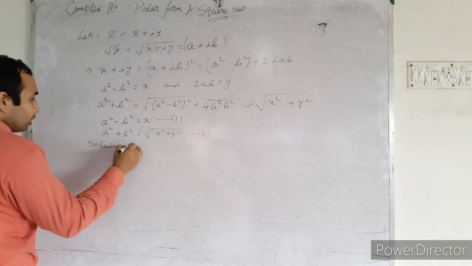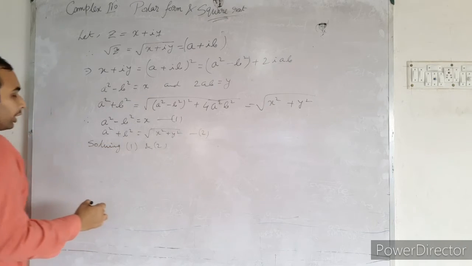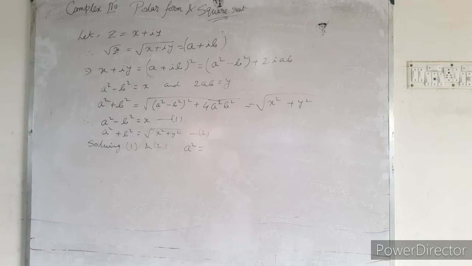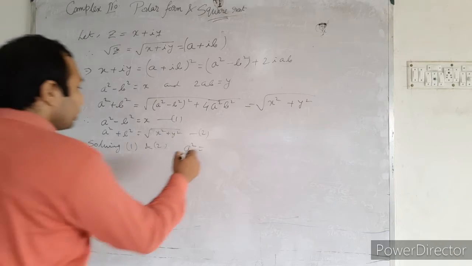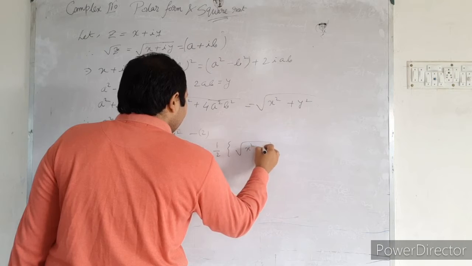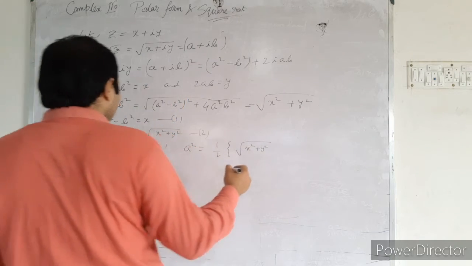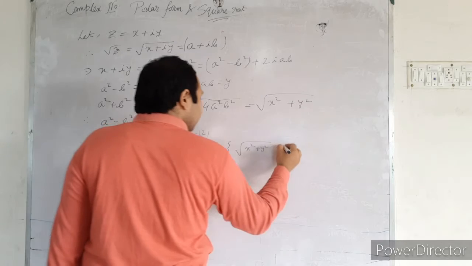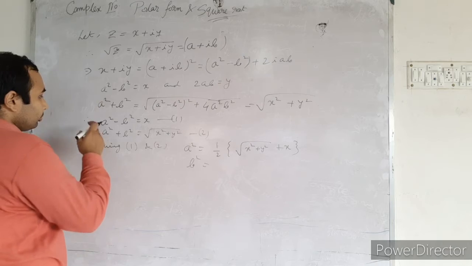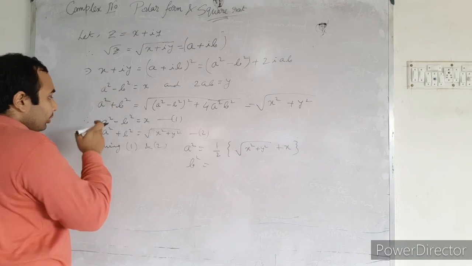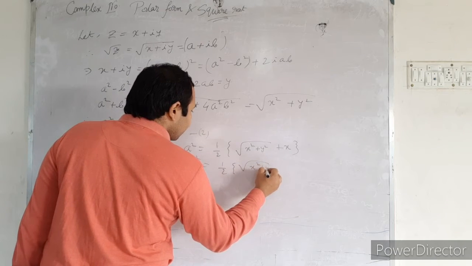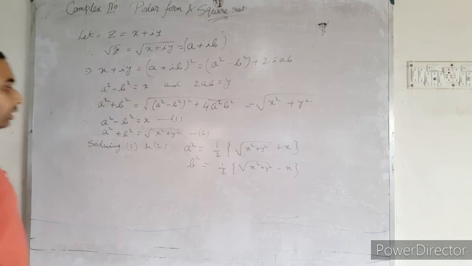Solving 1 and 2, we get a square equals half of (root over x square plus y square plus x), and b square equals half of (root over x square plus y square minus x).